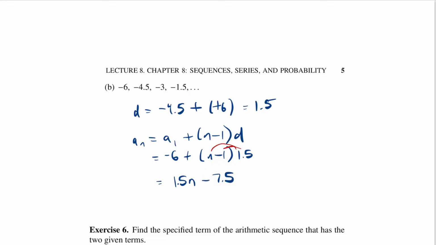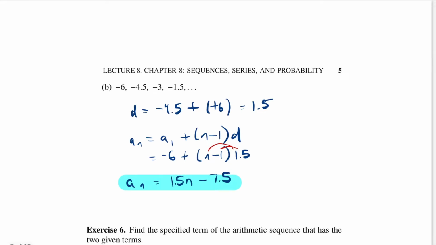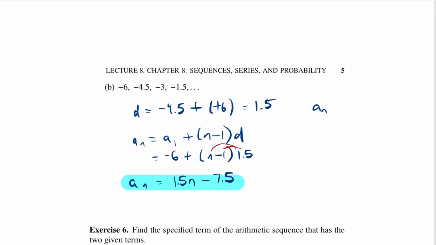Now we can substitute any number we want for n, but they specifically ask for a sub 5 and a sub 10. Let's start with 5. 1.5 times 5 minus 7.5 is going to be 0.